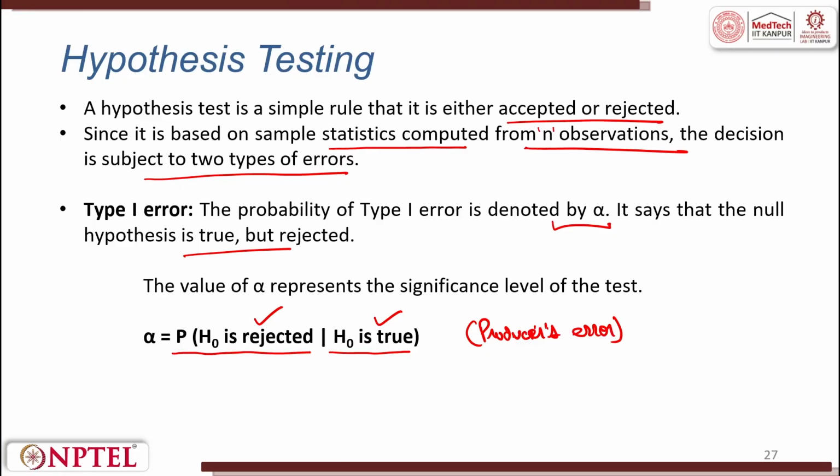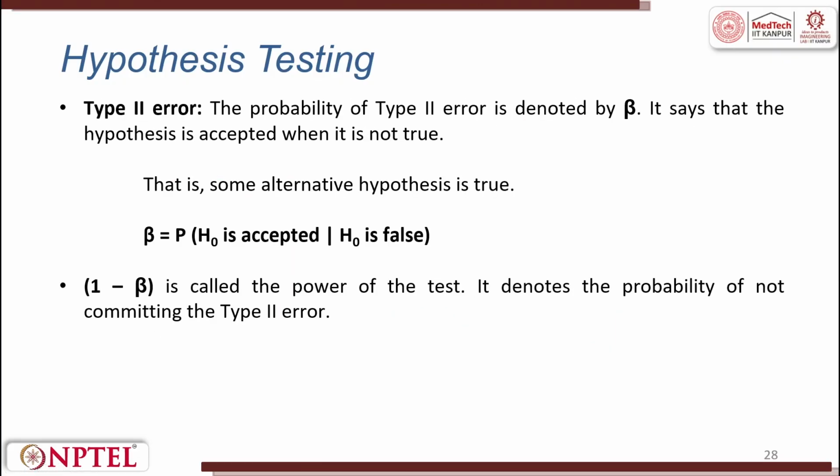On the other hand, there could be type 2 error, which is the probability that is denoted by beta. Type 2 error says that the null hypothesis is accepted when it is not true. That is, some alternative hypothesis is true. That is, H naught is accepted when it should be false. This means the sample that is selected is a good sample, a very wonderful sample, and is accepted, but the lot is not good. Out of the bad lot, a good sample is selected.